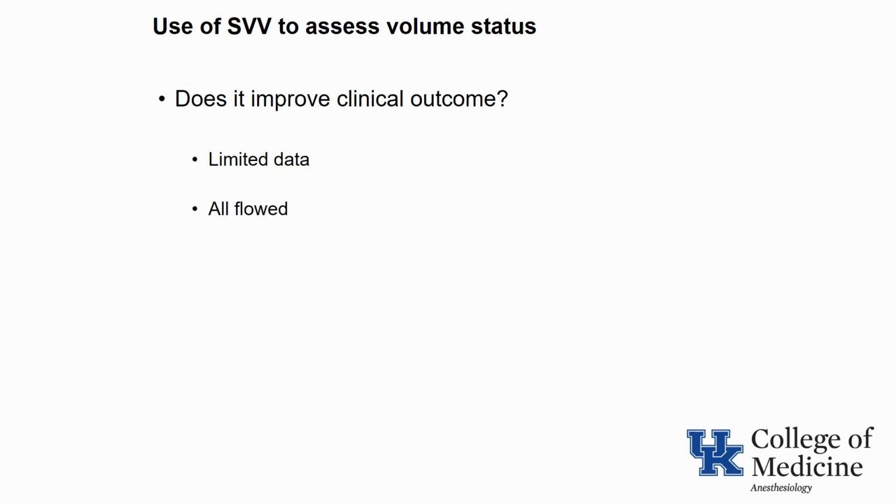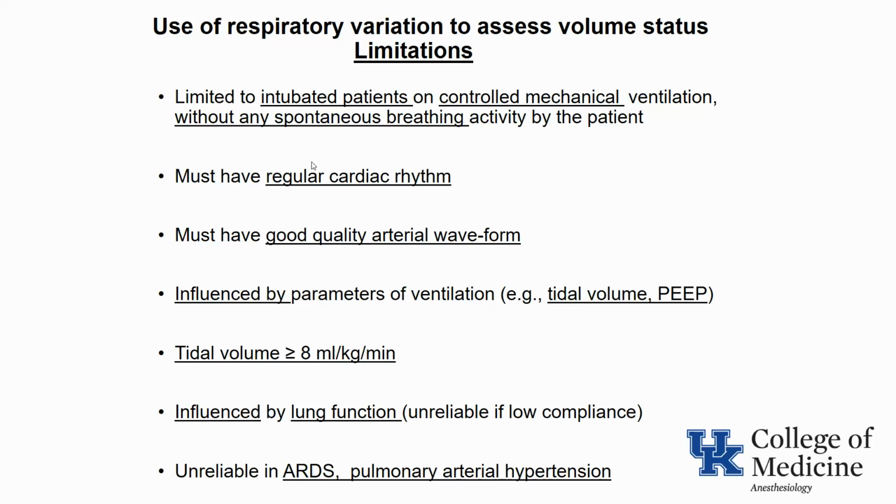How useful is stroke volume variation in assessing volume status? Does it improve clinical outcome is a fundamental question, and unfortunately there's limited data that shows it improves clinical outcome. There are many limitations with the use of respiratory variation to assess volume status.